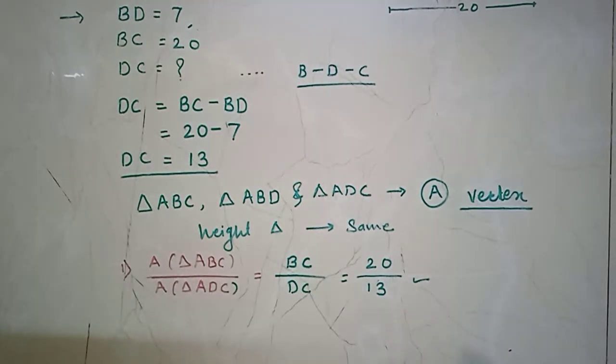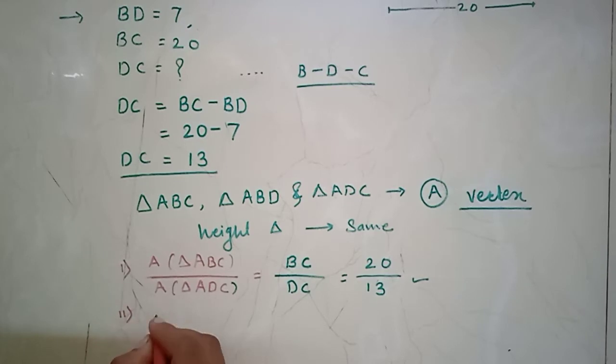So take down the second one. For the second ratio we have the area of triangle ABD upon area of triangle ABC.